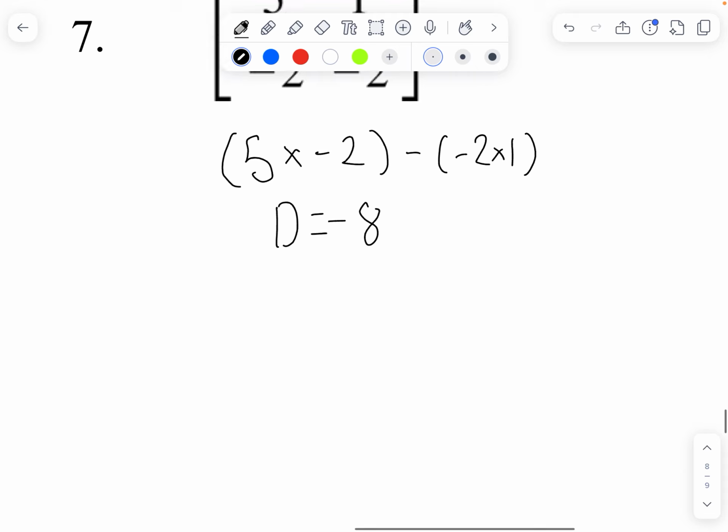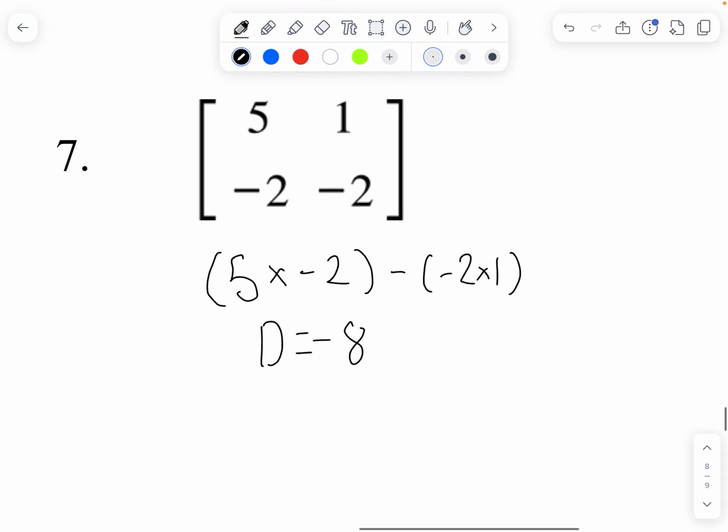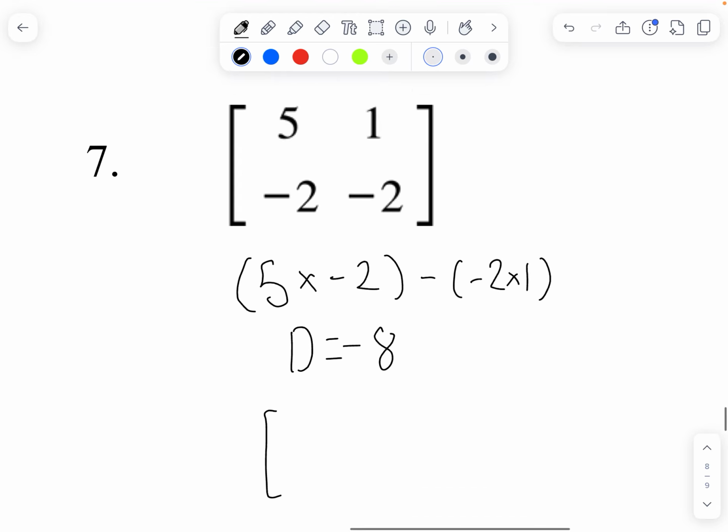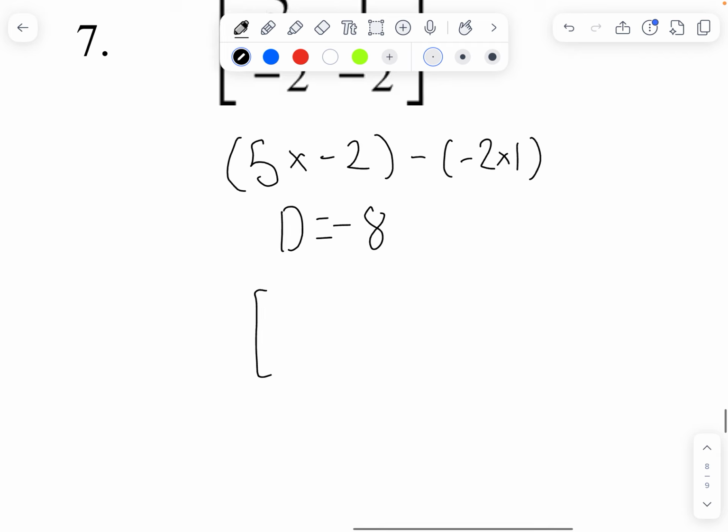And now this turns to -2, -1, 2, 5, multiplied by -1/8.